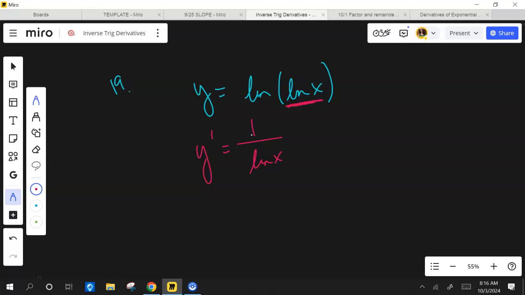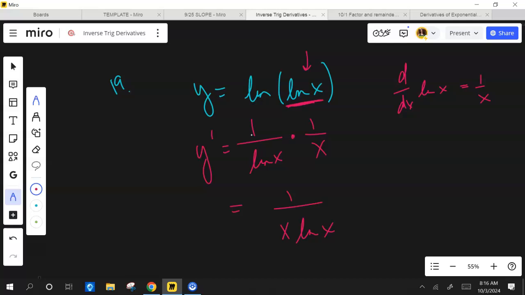I do 1 over the argument times, and now I chain it, so I do the derivative of this. So the derivative is 1 over x log x. Because the derivative of just log x is 1 over x.